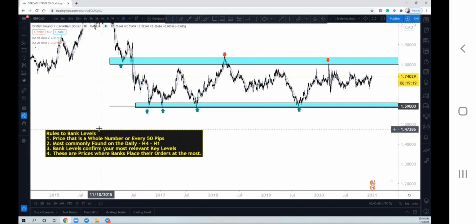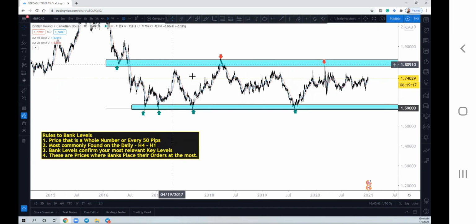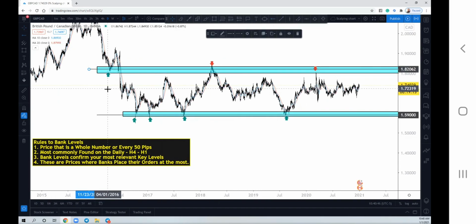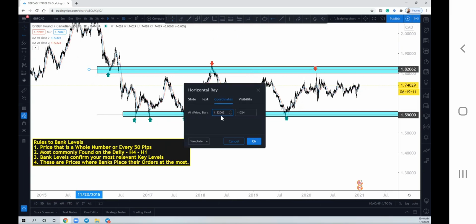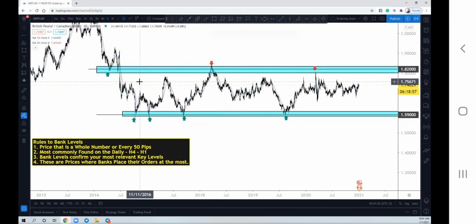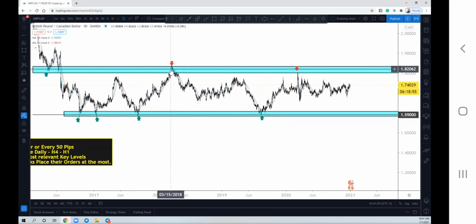Now let's check out this area right here. Go to our horizontal ray, place one right there, and change the price to see if it matches. And as you can see, 1.82000 is another price where banks could have placed orders.